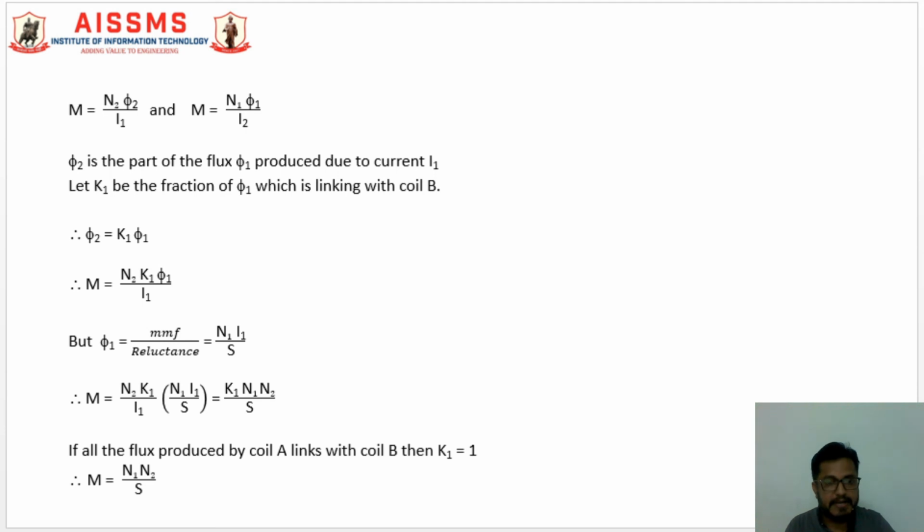Therefore, mutual inductance equals the product of number of turns of coil A and number of turns of coil B divided by reluctance, that is N1 into N2 divided by S.